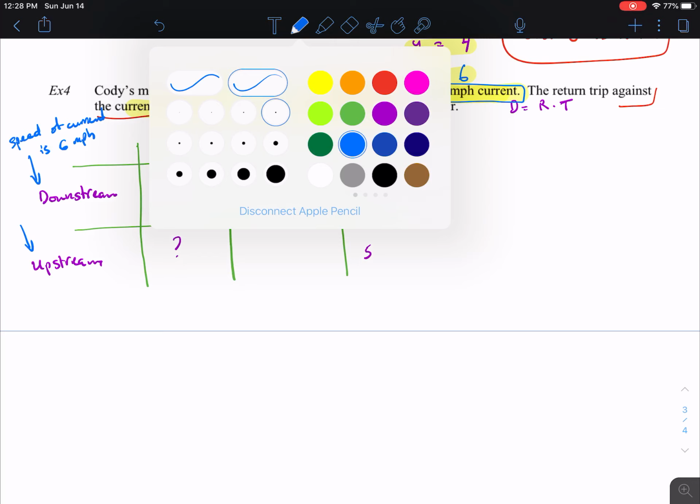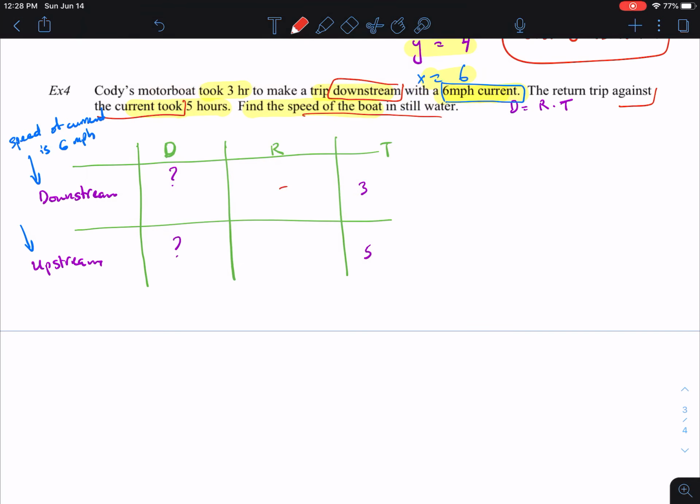So in that sense, you want to add the speed of the current. And then when you go against the current, which is called upstream, so this is against the current, and then this is with the current.